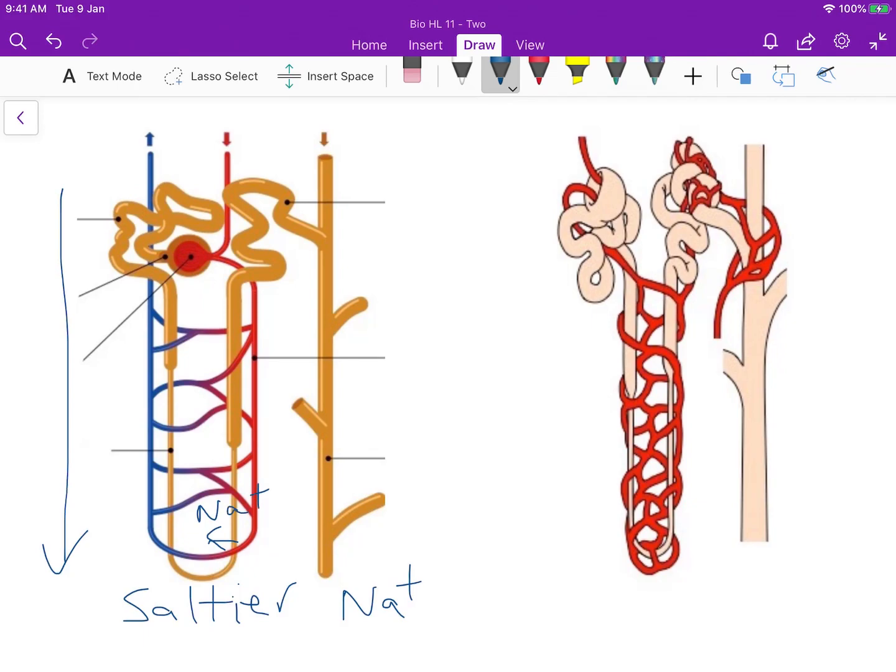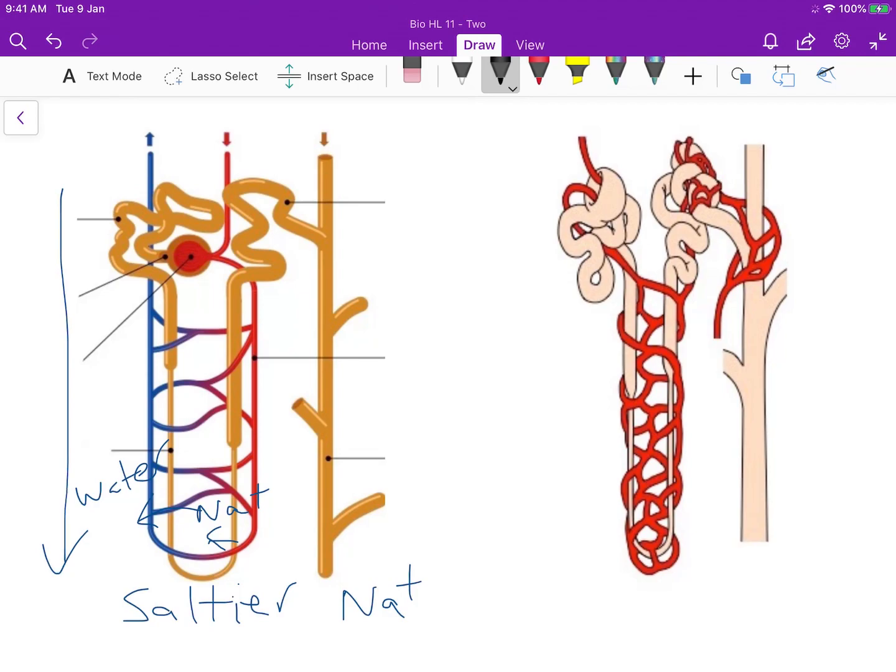So the kidney is pumping salt into the deeper regions of it. So it's going to get increasingly salty as we go down. Where we get salt, water will follow. So water will move to follow the salt. And that means that we can absorb the water.